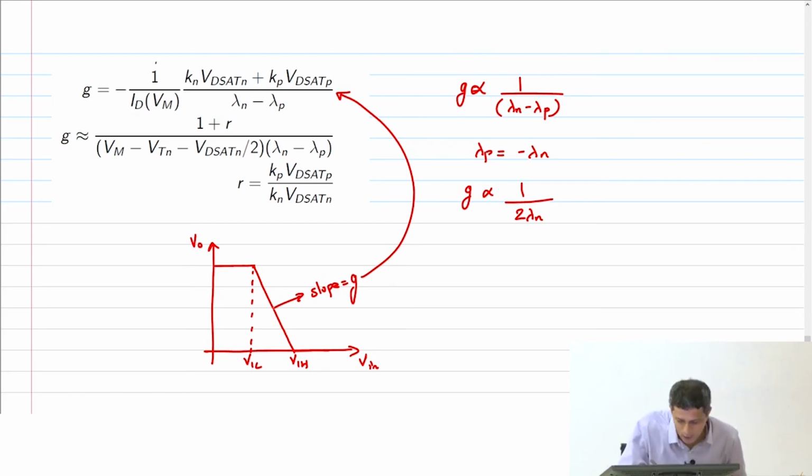Okay, and the line also passes through VM, VM. Okay, now it's just a question of slope.